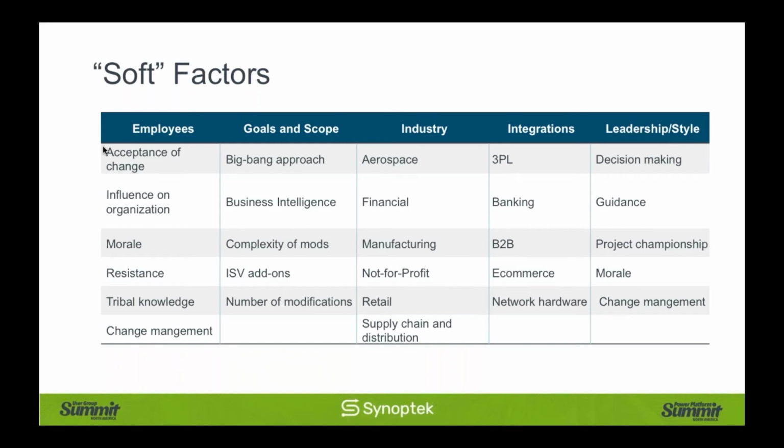When we talk about the goals and scope, you want to ensure you have a targeted timeline. Suggested that you slice your project into reasonable goals, minimizing the customizations, right? In many companies, they're trying to go for the big bang approach, but the big bang approach is really not a recommended method in terms of implementing.